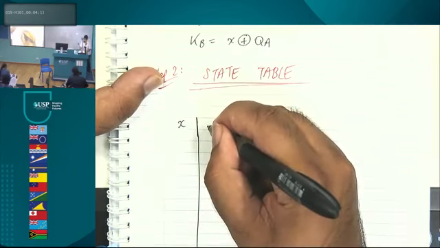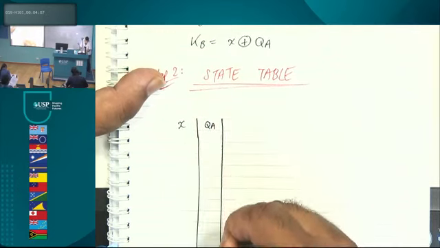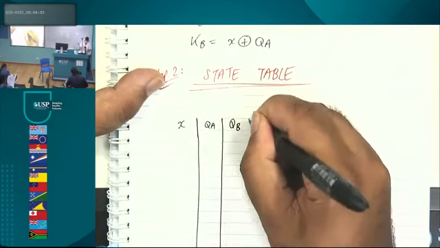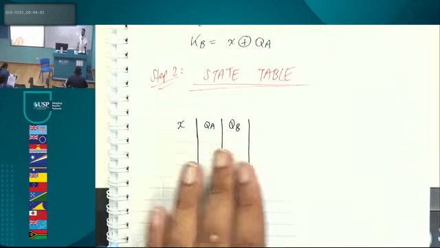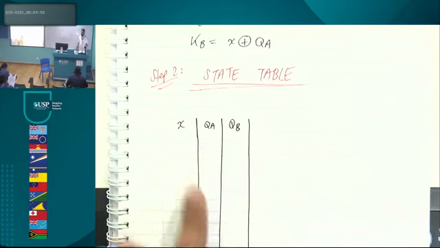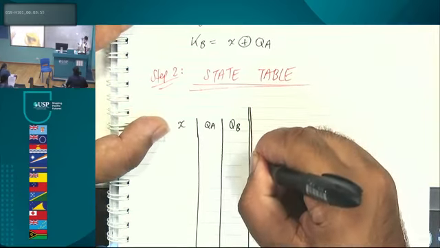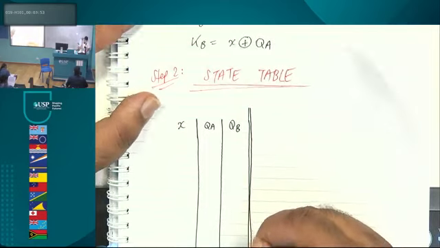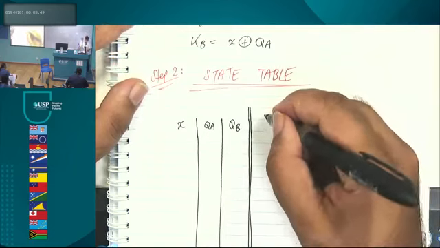What do we call this, guys? QA and QB? Guys, the order doesn't really matter so long as you are consistent, your labeling is correct and you're following the same thing. Then what happens after this, guys? Your flip-flop inputs.